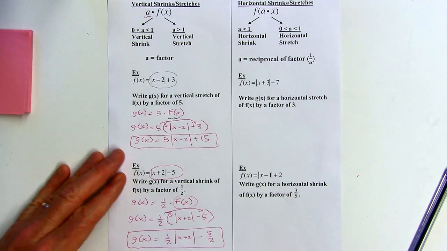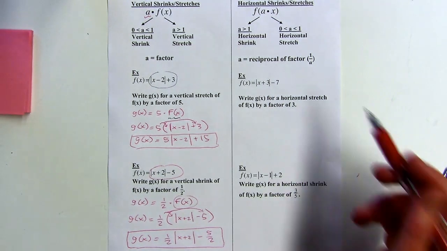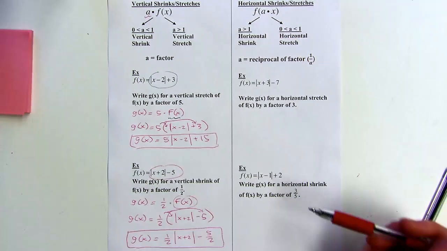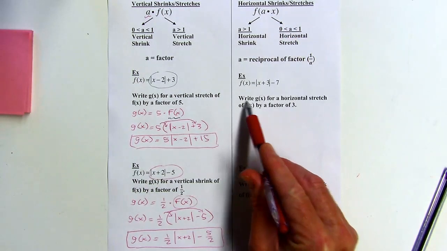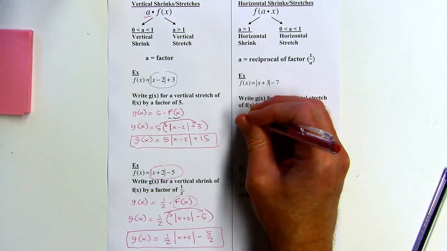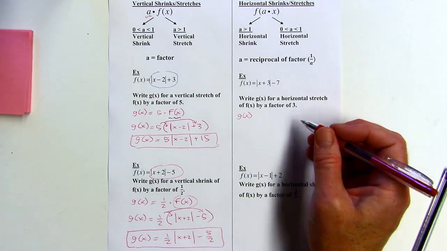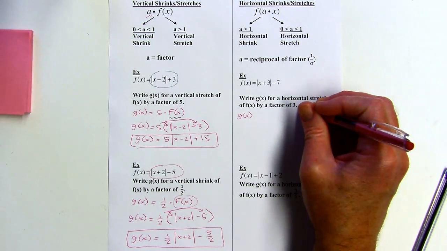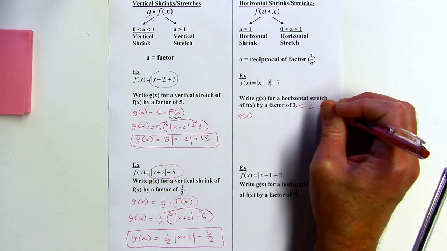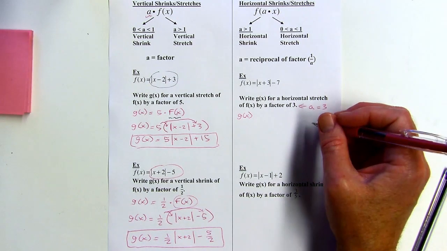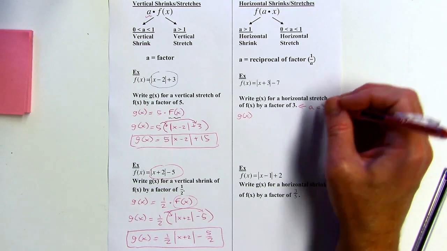Okay. All right, let's try the horizontal one. So now our a value is in the input. Okay. All right, this says write g of x for a horizontal stretch by a factor of 3. Now this is a little tricky here. Sorry, that's not my a value, that's my factor.